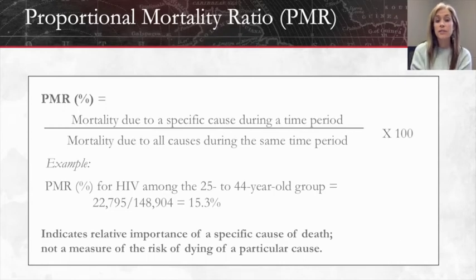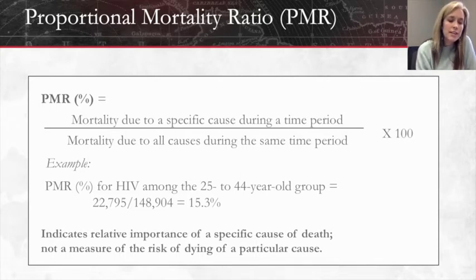Now, this is different from proportional mortality ratio, and it's really important that you understand these nuances in the formulas. So proportional mortality ratio is just the mortality due to a specific cause during a time period over the mortality due to all causes during the same time period.